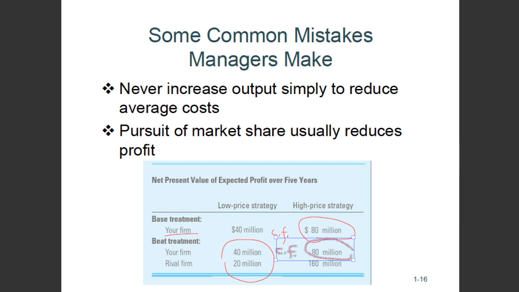Now, remember, profits or revenues are made up of both price and quantity sold.